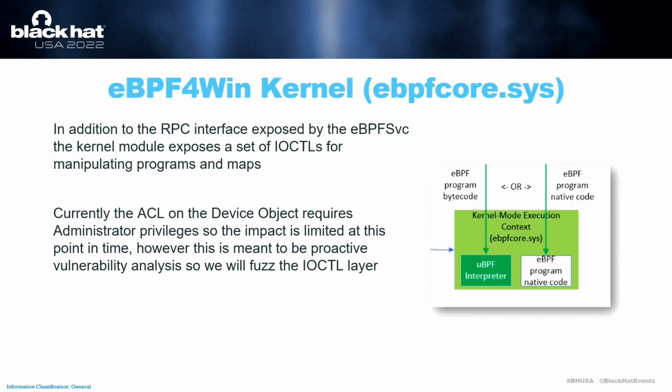So then the last area that we wanted to switch to is, of course, discovering what this kernel driver exposes, because that's really where everything's going to end up eventually. And of course, it exposes a nice ioctl interface. And as I mentioned before, the DACL on this device object does require administrative privileges. So we are looking for unsigned code execution, ideally.